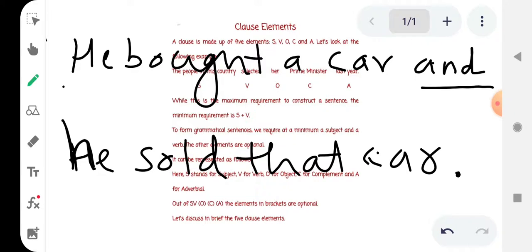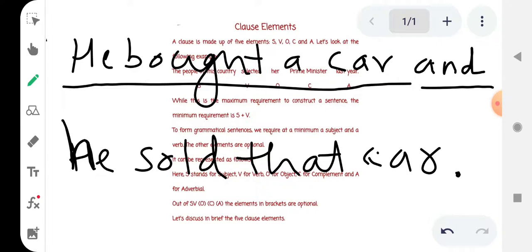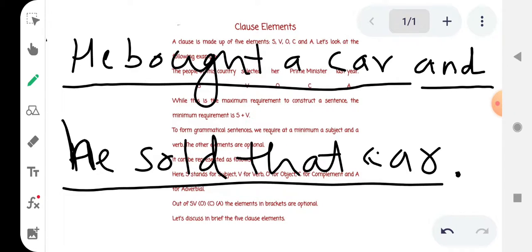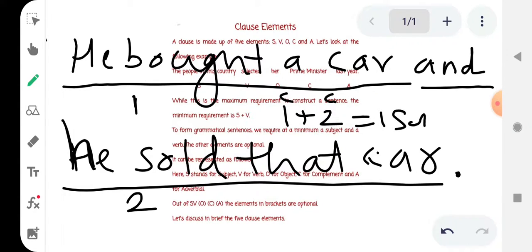In this sentence, this is one clause and this is the other clause. So there are two clauses in this sentence. One clause plus second clause is equal to one sentence.